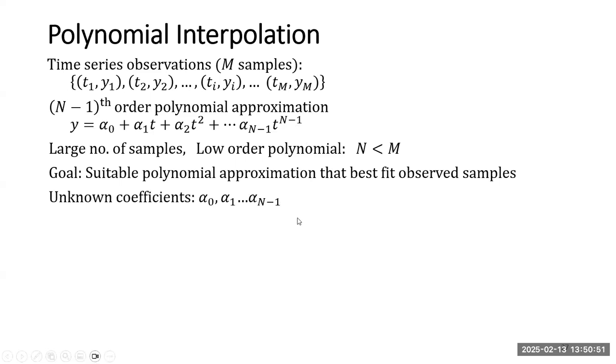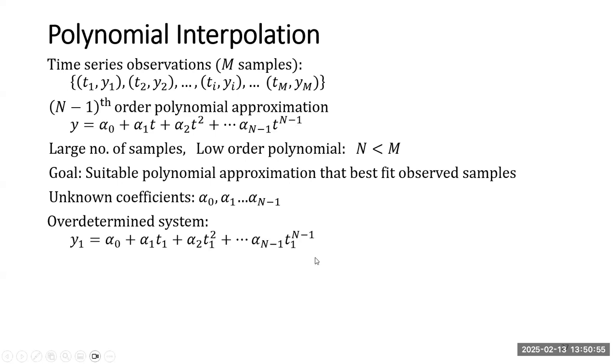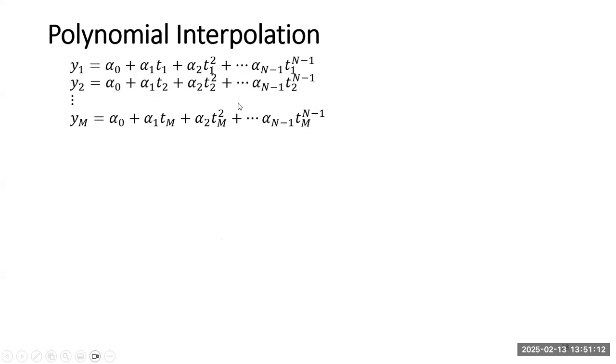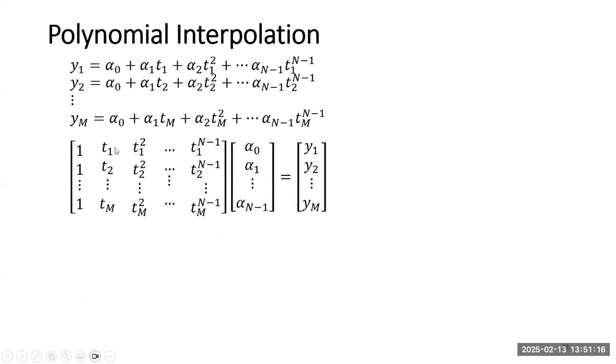These are the unknown coefficients. So y1 is equal to this from sample 1, from sample 2, and so on, and from the last sample, this. We have to find the coefficients, alpha naught to alpha n minus 1. So this is what we have, and in terms of vectors and matrices, this is what it reduces to.